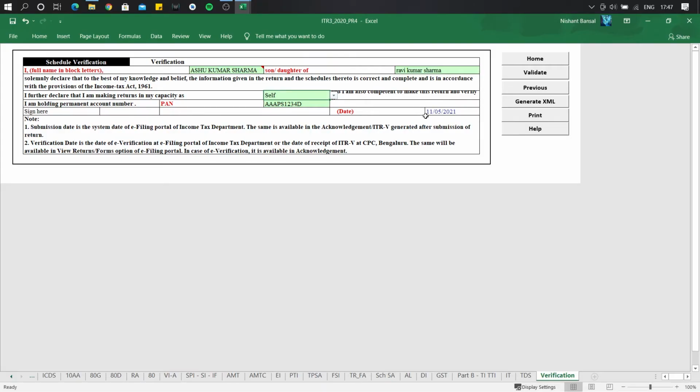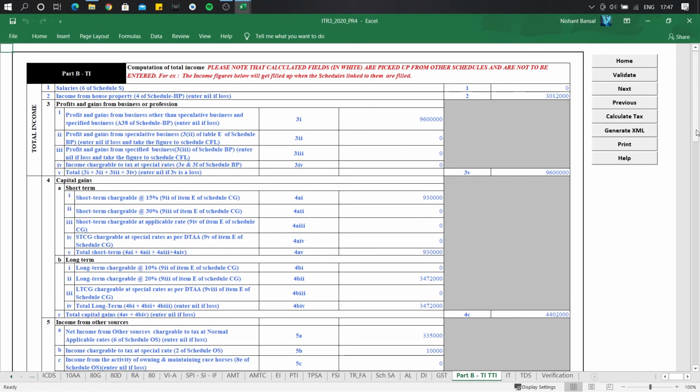One important point which I would like to discuss here is that the ITR sheet automatically picks up the date, like 11/5/2021. Since the due date of filing this return has already passed, the Excel utility will automatically calculate the charges or fees of delay in the returns.